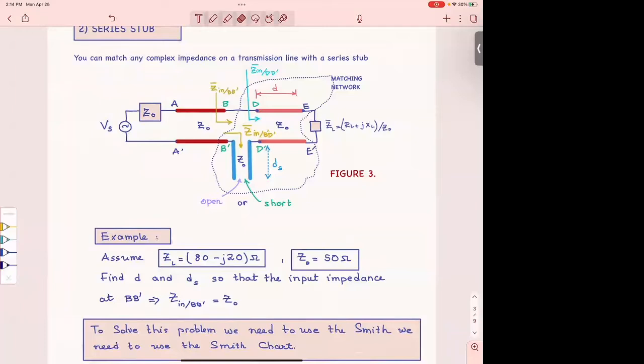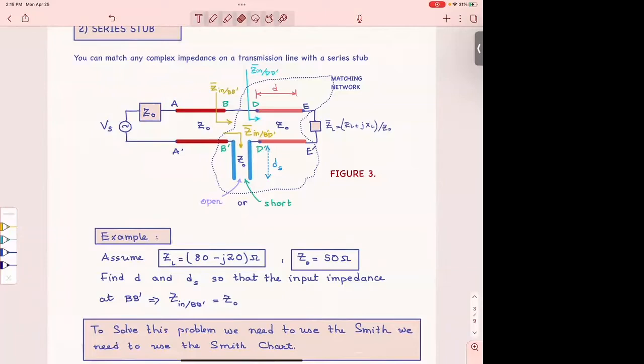So if at this point my impedance has a real part of 50 ohms, the stub is not going to affect that. In this series configuration, the stub is only going to affect the imaginary part of my impedance.